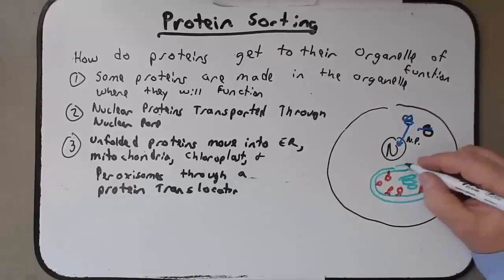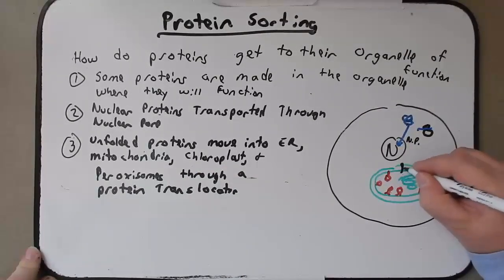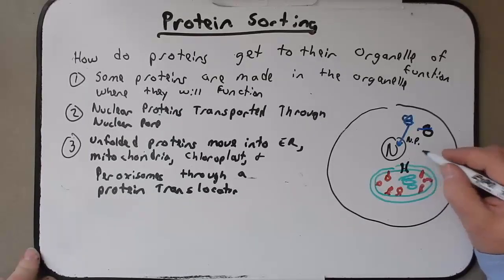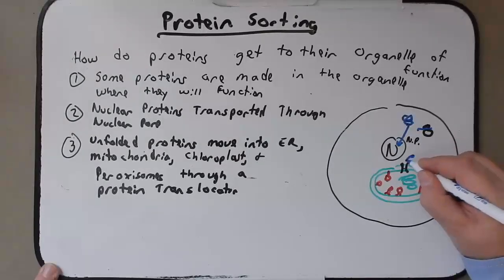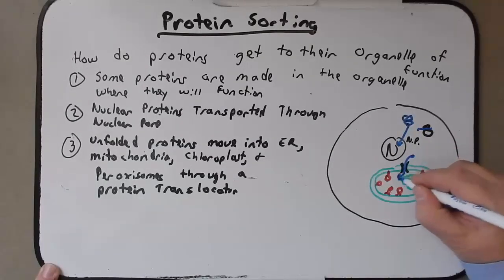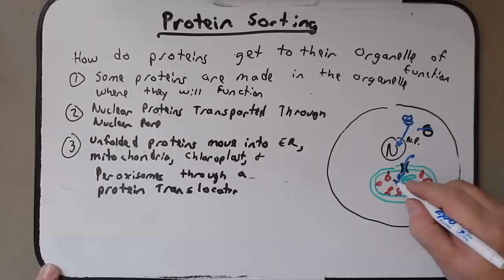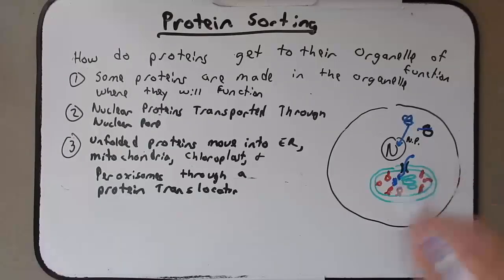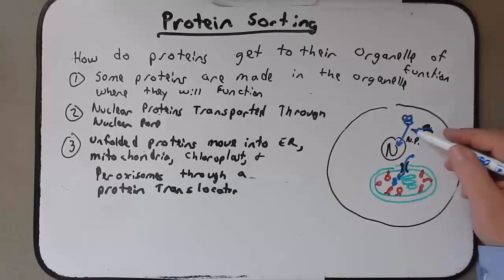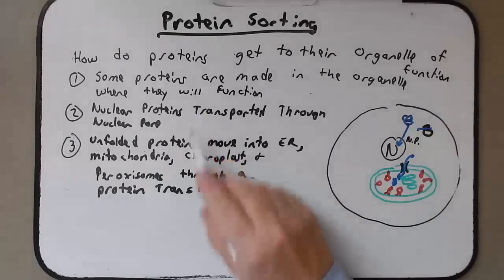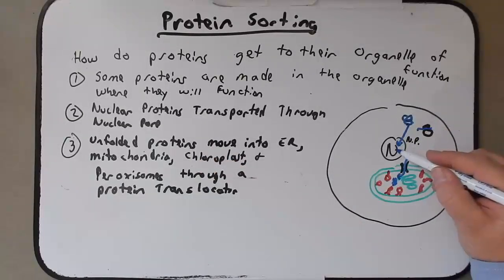So since I have the chloroplast written here, what happens is there are these transmembrane proteins that function to allow a protein that's not folded yet to go directly through this translocator. And once in here, then they'll fold properly. Using this mechanism here, a fully folded protein can't make it through. I didn't stress it, but with this second one here, this allows a fully folded protein to go into the nucleus.